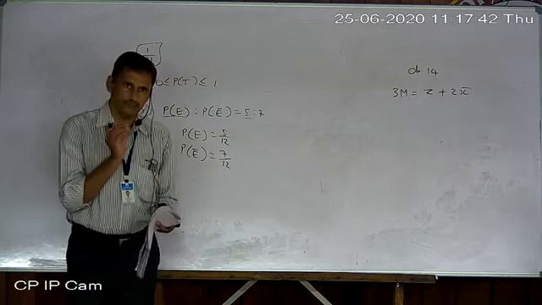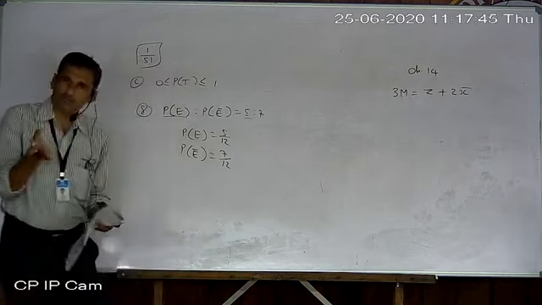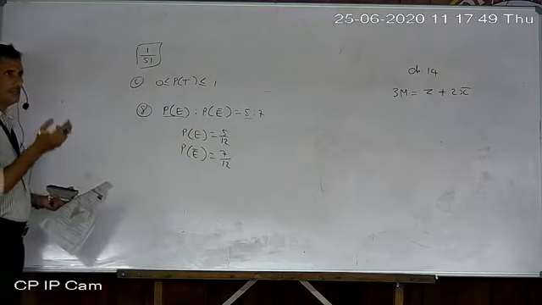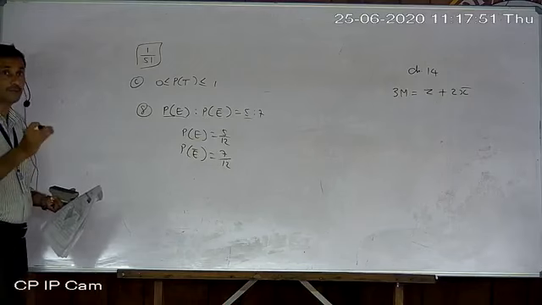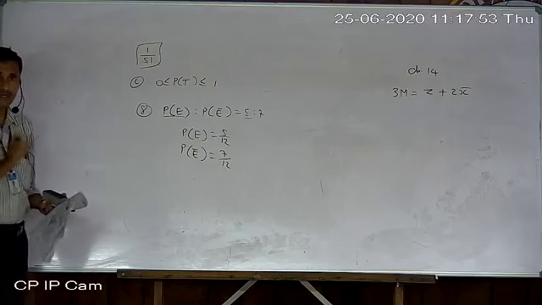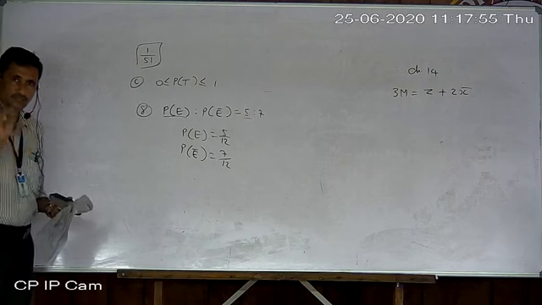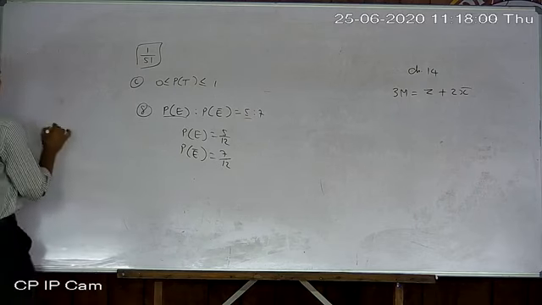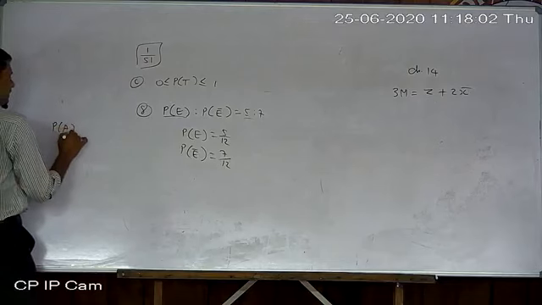So always they ask regarding either 5 or 53 times repetition of any one day. The day is not important, whether it is Monday, Tuesday, Friday or Sunday. But your answer will always be remainder upon 7.